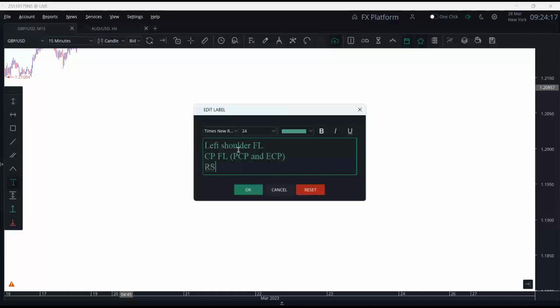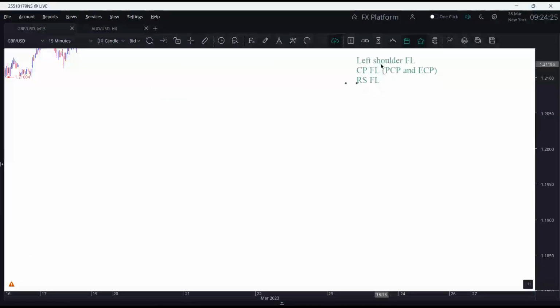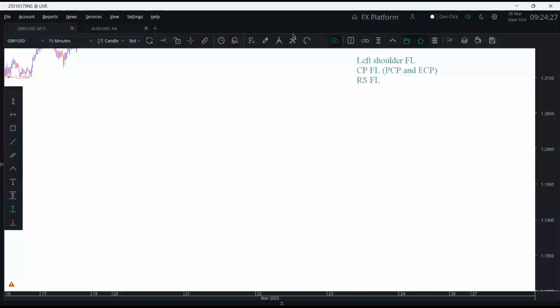And the other one is RS, which means the resistance and support FL. So we have these 3 kinds of FL right here, that were introduced by the Academy.